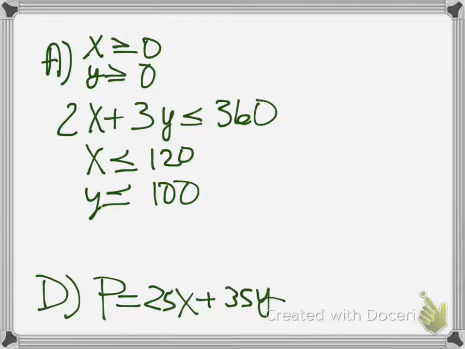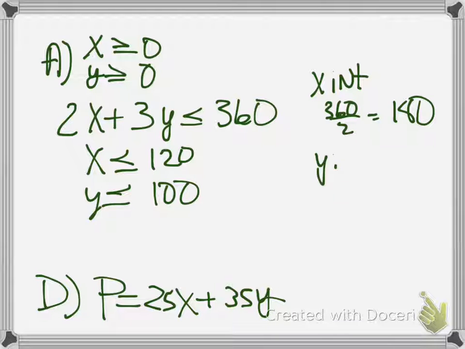There's part A. Now we need to get ready for part B: divide the 360 to get the x-intercept. 360 divided by 2, the answer divided by the x, gives me 180. There's my x-intercept. The answer divided by the y gives me my y-intercept, 120. So I need 180 and 120, and then I would use those to graph.